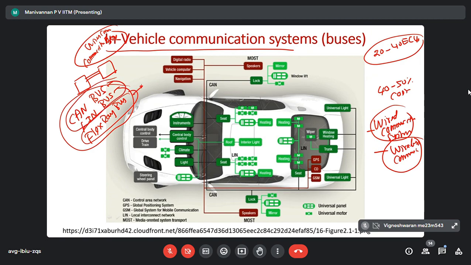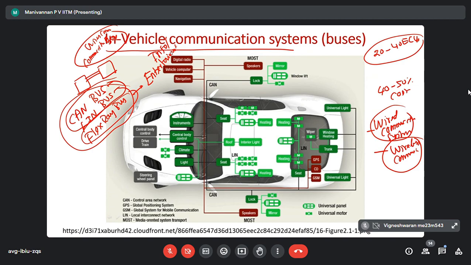This is used for entertainment systems or infotainment. They call it infotainment or entertainment system. Correct? Music system, TV. In front of the driver there is a display. For rear passengers you put a TV.